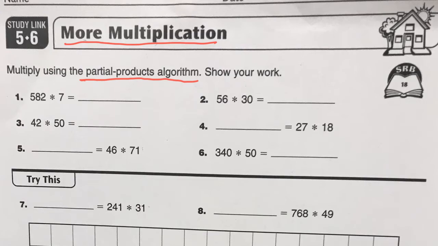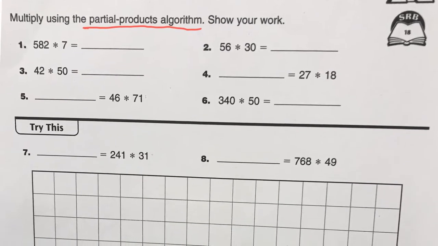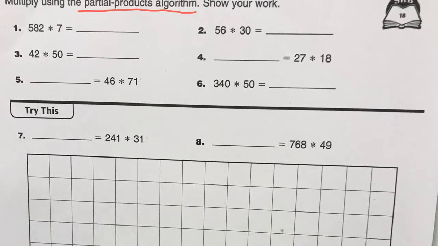We will start with the first one, but that's actually the simplest one. But please remember, as you write this in your grid, leave a space for the thousands, because we're starting with 582, so we're going to get into the thousands.